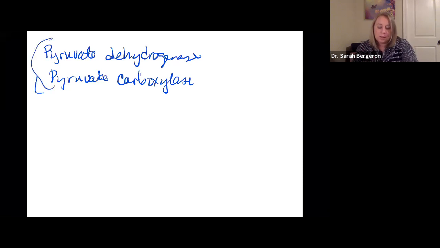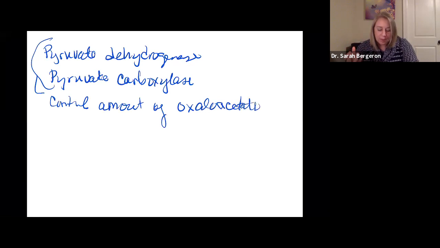So these enzymes are going to control the amount of our oxaloacetate and our acetyl-CoA, right? And so if those aren't available, the citrate cycle isn't going to go. So you can control what's inside the cycle and you can control things that are outside the cycle.